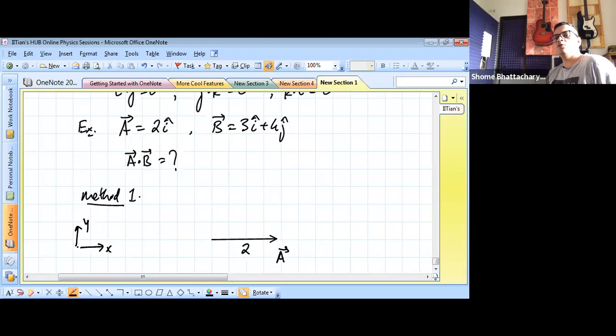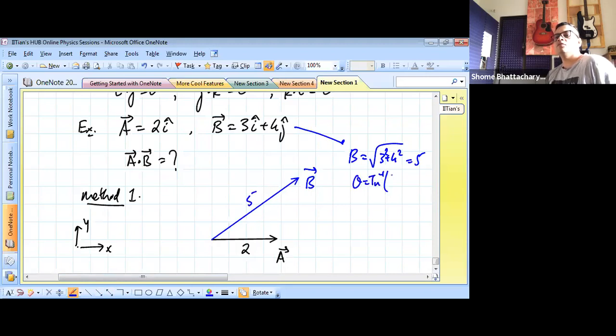So in comparison, how will vector B be looking? Just using the geometry, you can understand that magnitude of B will be 5, okay, and the angle it makes will be tan inverse of y by x, so 53 degrees.